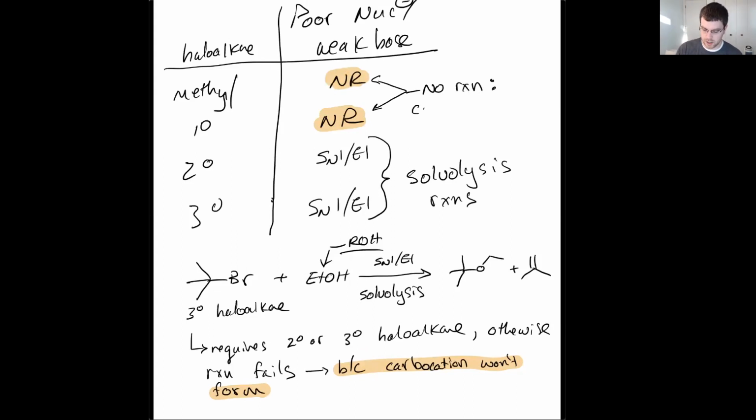And the reason why is because the carbocation fails to form. It's not until you add more substituents to stabilize the carbocation intermediate, that is the secondary and tertiary examples, that you actually see a reaction occur. So that's the first column broken down into the reaction types that we would observe.